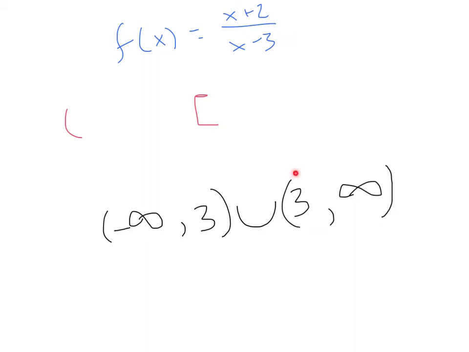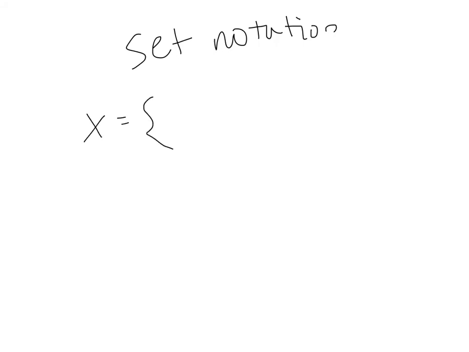This is called interval notation. The other kind of notation is called set notation. Set notation is really, really easy and obvious. It's us making a list. If I said, oops, not x, but my f of x, my function is these points, negative 2, 0, and 4, 5.